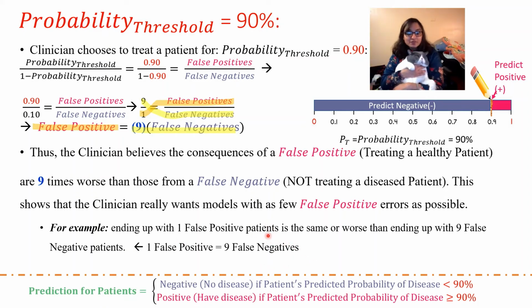To a doctor, preventing 1 patient who's healthy from going for unnecessary treatment is the same kind of a win as preventing 9 patients who have the disease from getting treatment.